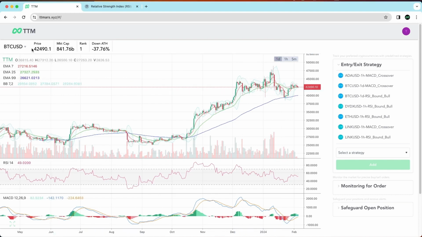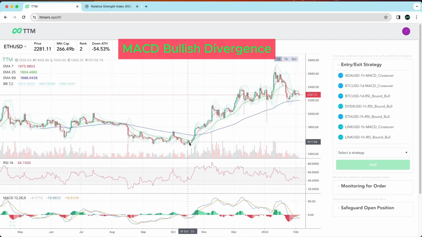Let's take a look at the ETH price for the typical bullish divergence. As you can see, during this period of time, the ETH price continues going down a little bit. It forms multiple lows. This one in here, and this one in here, and the other one in here. So this low is lower than the previous low here, and is lower than the previous low in here. If you check the MACD chart, then you can see the MACD also have multiple lows, this one and this one, and potentially somewhere in between, not so significant.